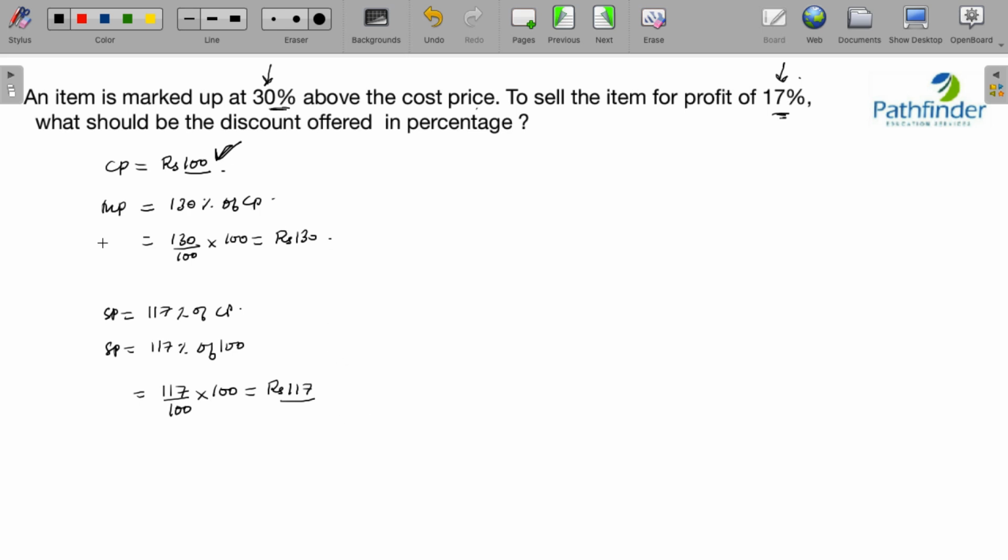So your marked price is 130, your selling price is 117. So what is your discount? 130 minus 117, that is 13 rupees.